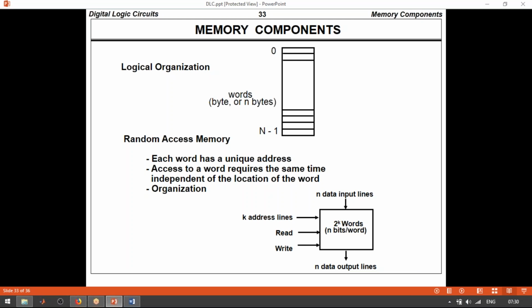So these kinds of ROMs are there, and we normally use EEPROM or PROM in our normal digital circuits.